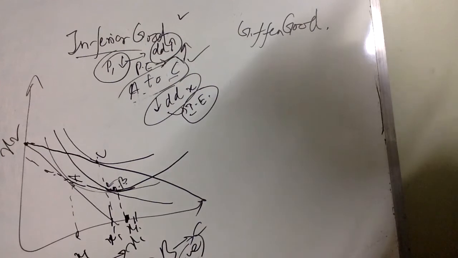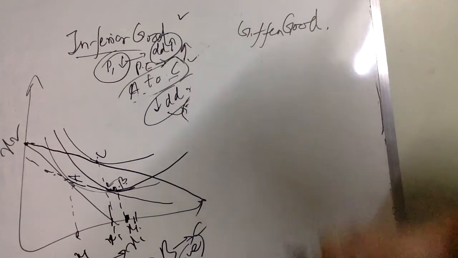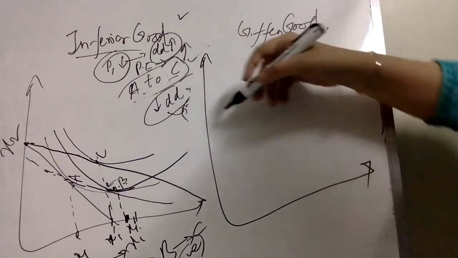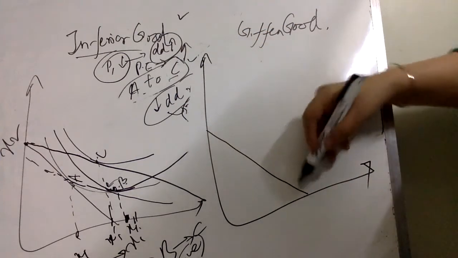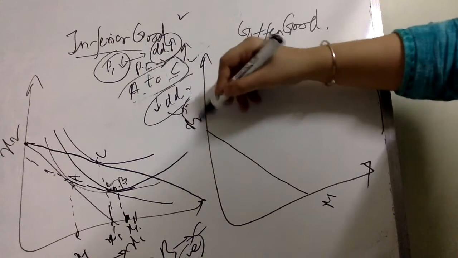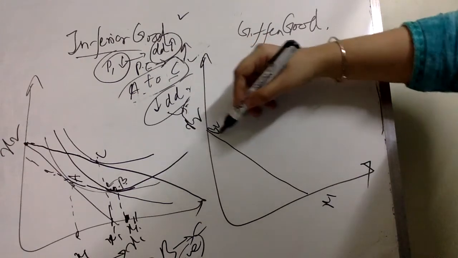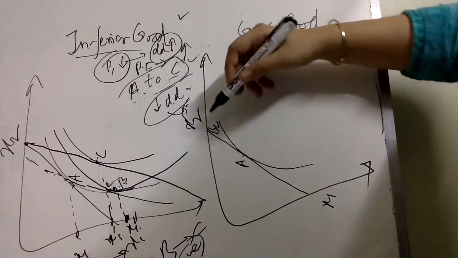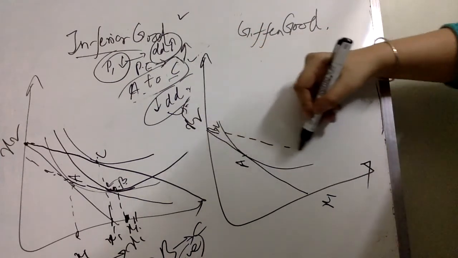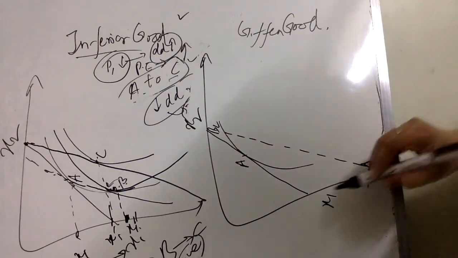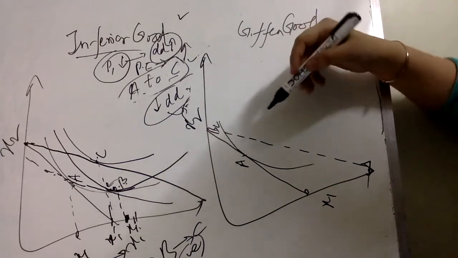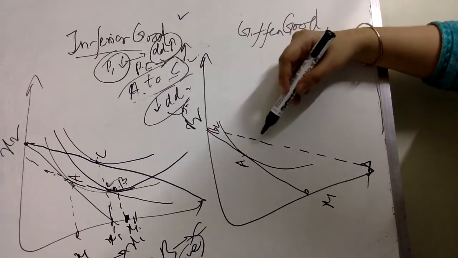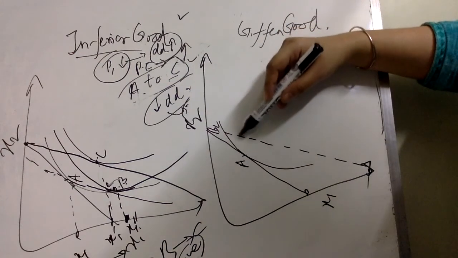Now let's understand the case for a Giffen good. What happens in the case of a Giffen good? Let me draw the budget line corresponding to which we have an optimality at point A. Now if the price falls, this is my new budget line, corresponding to which my new demand will lie somewhere.